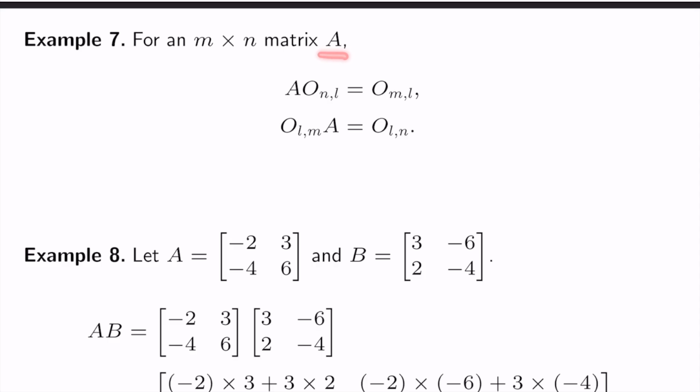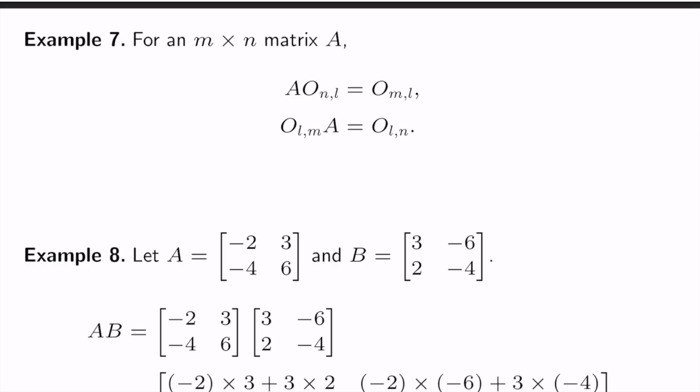Next, consider the matrix product involving the zero matrices. So let A be an m by n matrix and calculate this product, A times O n,l. O n,l is the n by l zero matrix. The result is the m by l zero matrix. And same for this one. So if we multiply the l by n zero matrix and A, then we get the zero matrix.